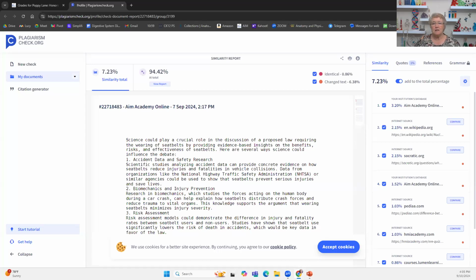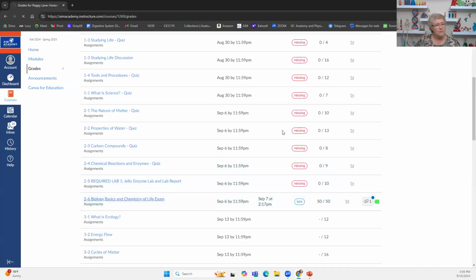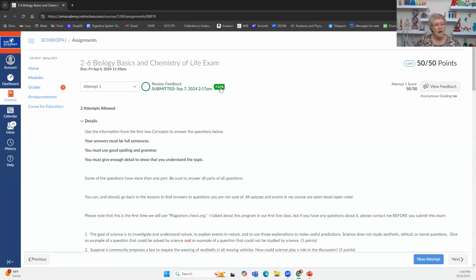I'm not even going to be concerned about anything that's lower than a 30% match. If it's more than that, I'll contact you to discuss it. We are not using plagiarismcheck.org as a way to catch you and trap you and make things harder for you. We want to use it as a way for you to learn. So if you are here, you're looking at your grades, or you're looking at the lesson itself, right here at the top of the lesson itself, you can see this number.